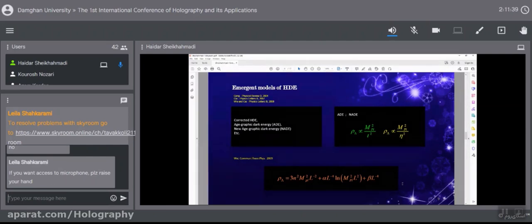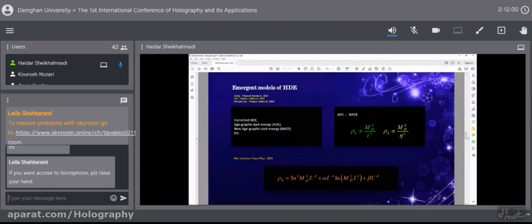Again, to overcome the problems that agegraphic dark energy faced in determining the matter dominated universe, in 2008 they proposed another model they named new agegraphic dark energy.